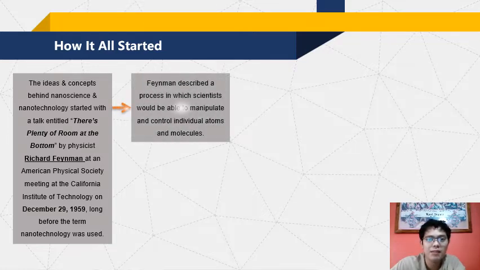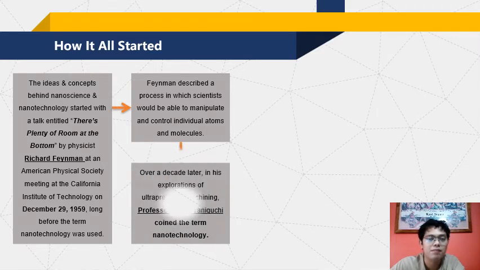There, Feynman described a process in which scientists would be able to manipulate and control individual atoms and molecules. A decade later, Professor Norio Taniguchi coined the term nanotechnology after decades of exploration of precision machining.